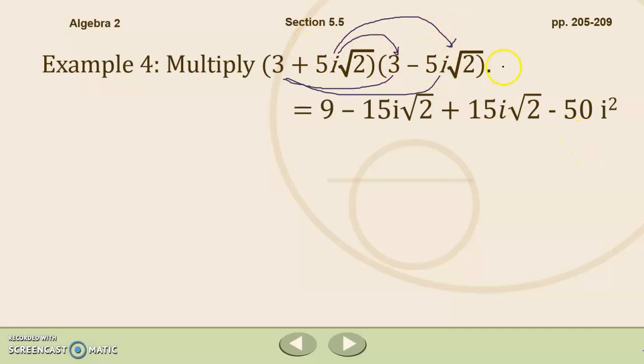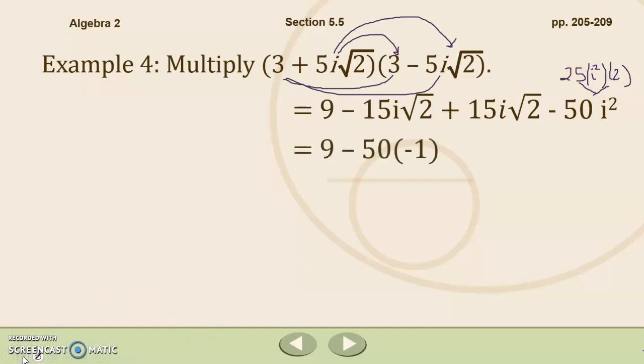Now, there's a couple of steps that we took to get from here to here. We would take the 5 times 5, the i times i, and the root 2 times root 2. 5 times 5 is 25. i times i is i squared. And root 2 times root 2 is just 2. That's how we ended up at that 50i squared.